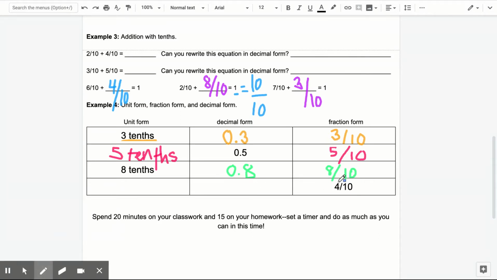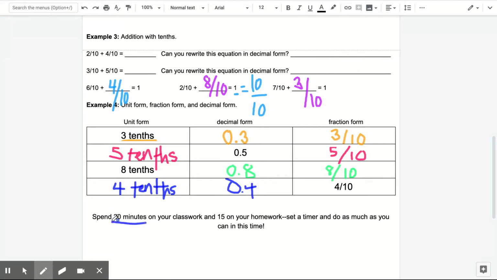So my last one, I have 4/10, which is 4/10, and 0.4.